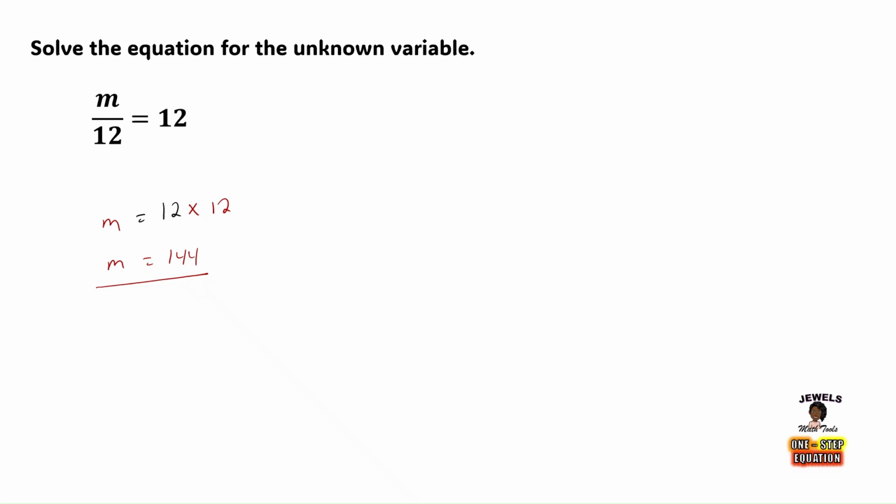So now let's check our answer. Remember that we said that 144 is equal to m. That means that when 144 is divided by 12, this should equal 12. And we know that this is accurate because our times table already tells us that 12 times 12 is 144.